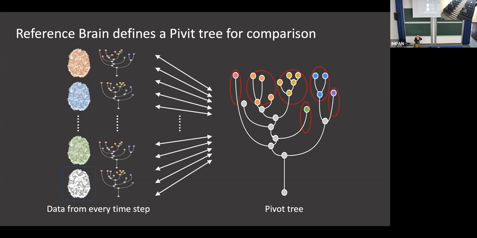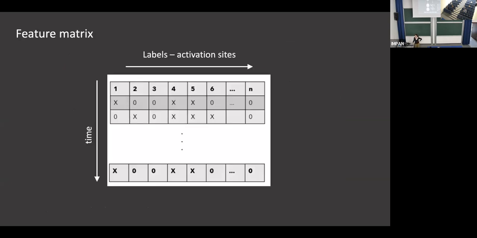We only use the values in the leaves of our trees, always the highest activity of a certain region at a certain time step. From that, we build a big feature matrix where one dimension is spanned by the activity labels, roughly 150 regions, and the second dimension is time.